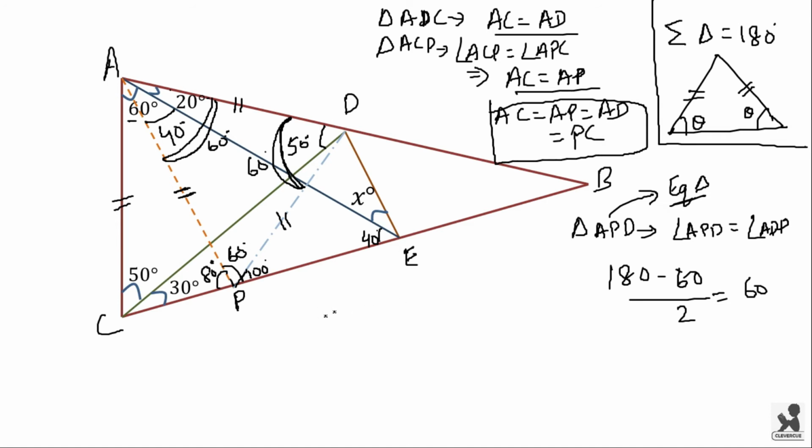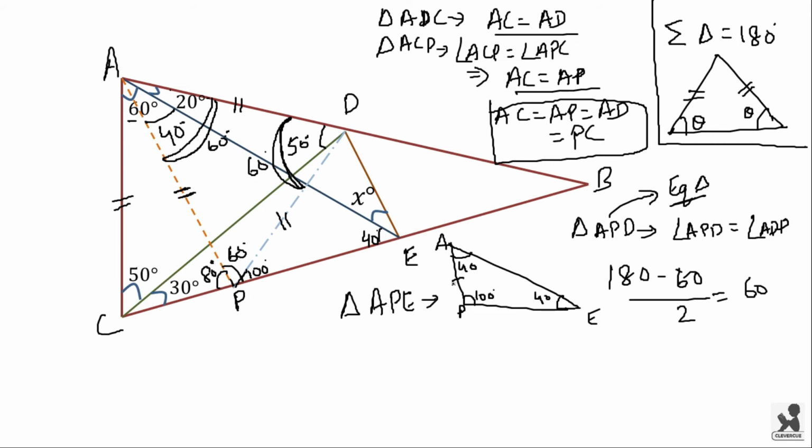Consider triangle APE. Let me draw a small triangle here. Here angle APE is equal to 100 degrees, angle PAE is equal to 40 degrees, and angle AEP is equal to 40 degrees.